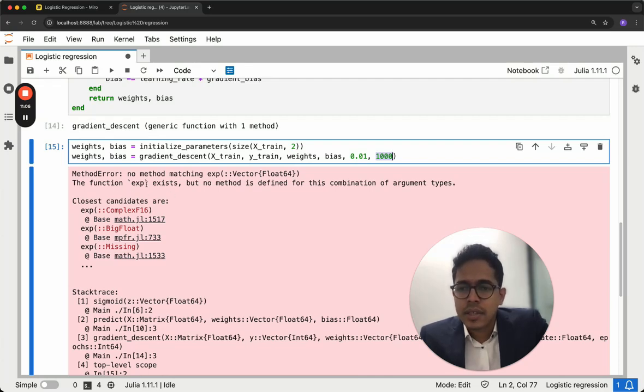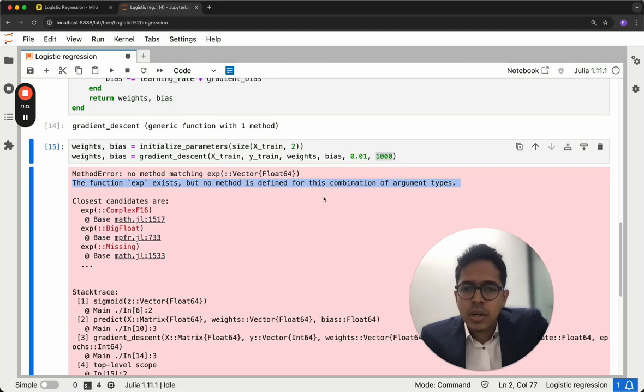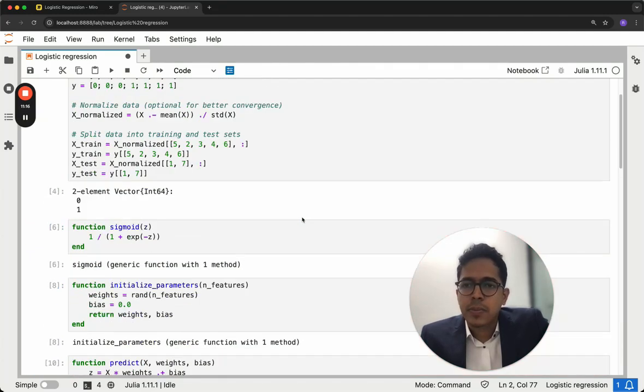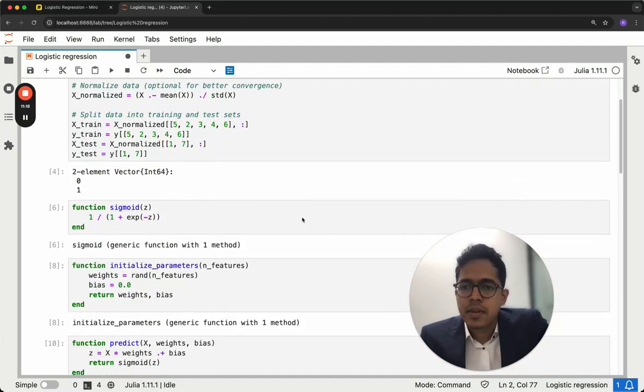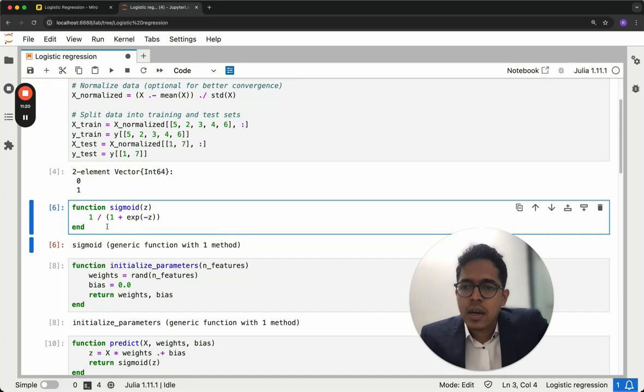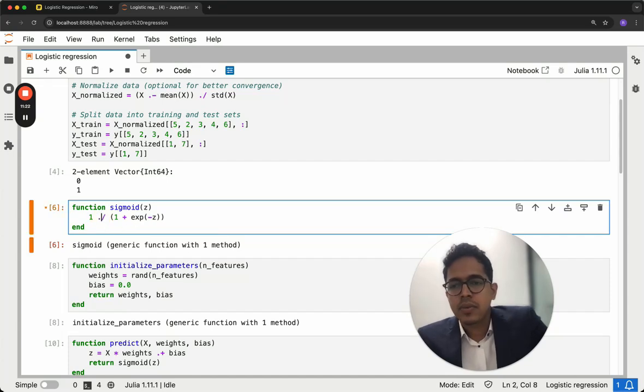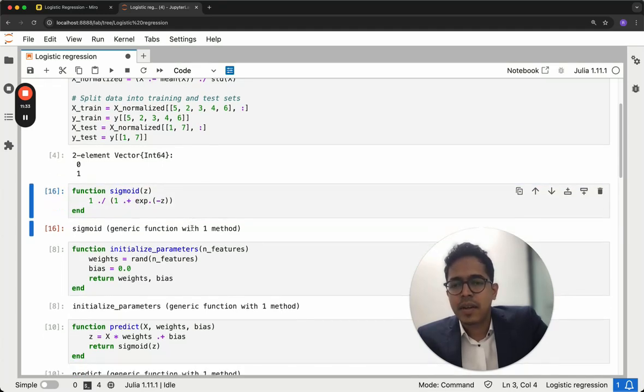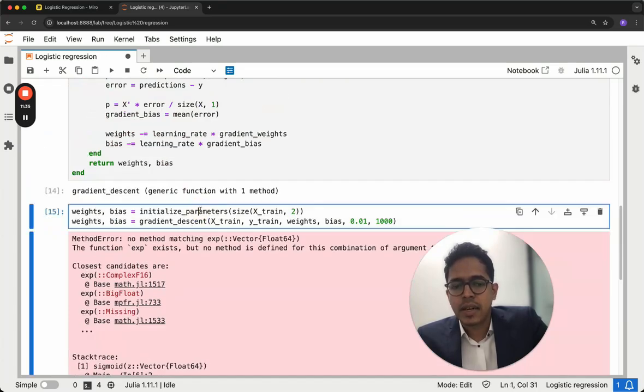Okay, the function exp does not exist, no method. This is happening because it is not defined for this combination of argument types. Exponent is used in sigmoid. I think this is because we have to do it element wise, with x dot minus plus. So I think that's why this error is coming. We can try running this again.